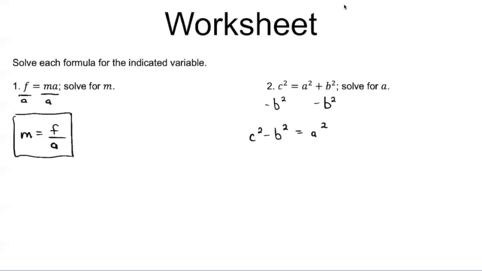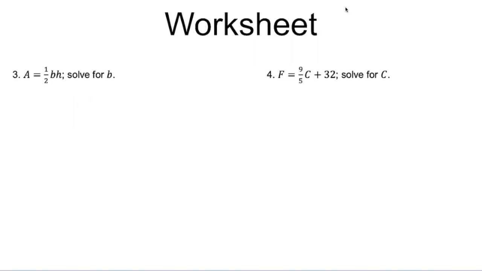Then I take the square root of both sides, leaving me with a equaling the square root of c squared minus b squared. We cannot take the square root of those two terms because they're separated by a subtraction symbol.